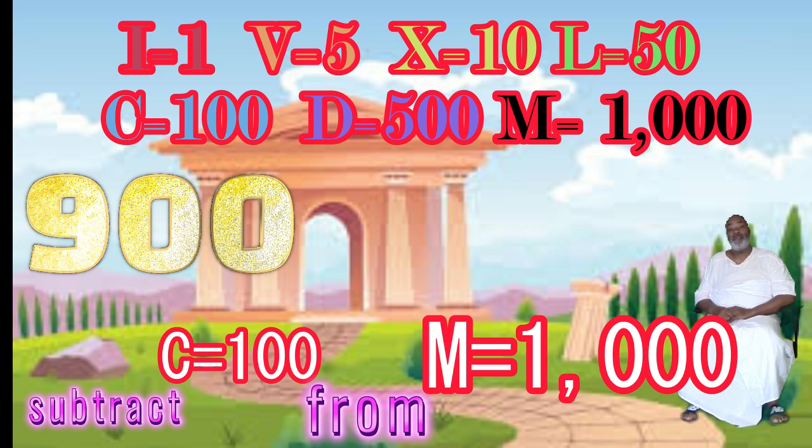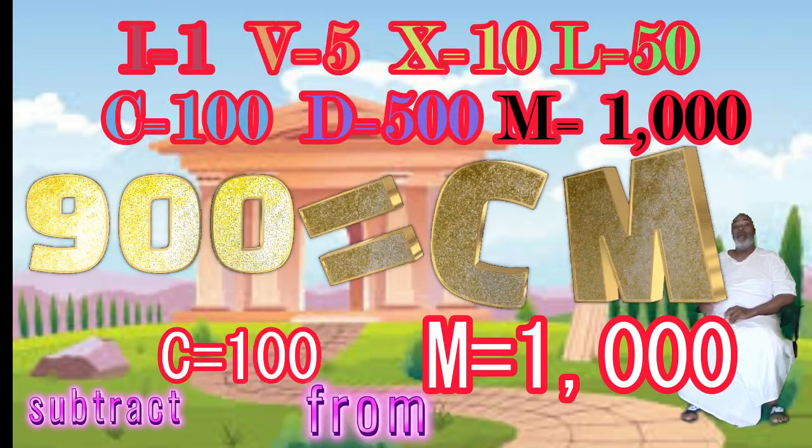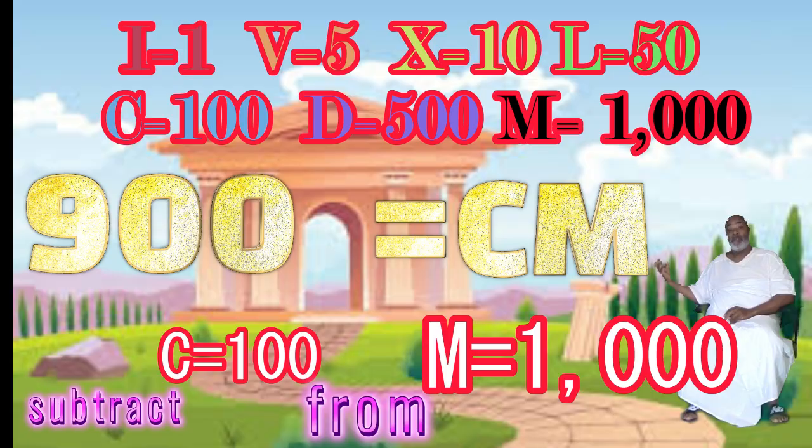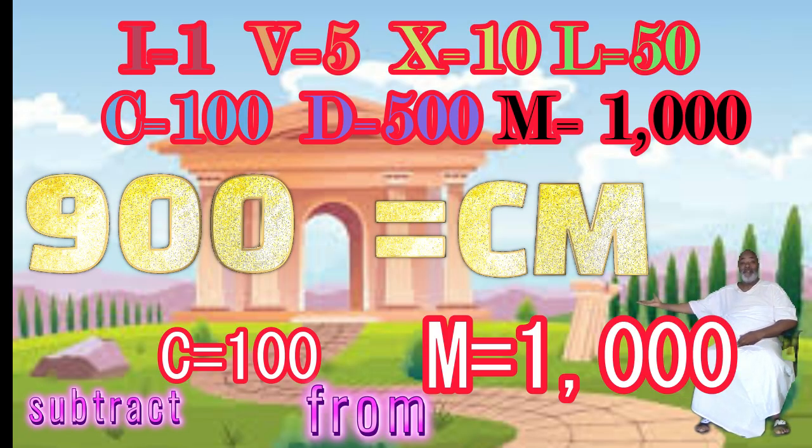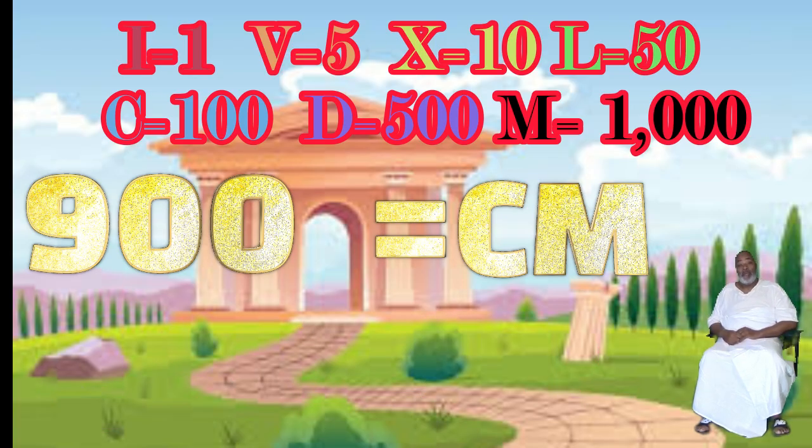And we know that the Roman numeral for 100 is C. And we know the Roman numeral for 1,000 is M. So if we write the number 900 using Roman numerals, it will be capital C, 100, and capital M, 1,000. Subtract 100 from 1,000, which would be 900. So 900 would be capital C and capital M.